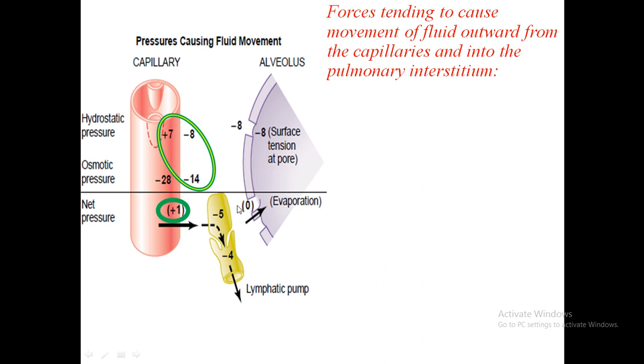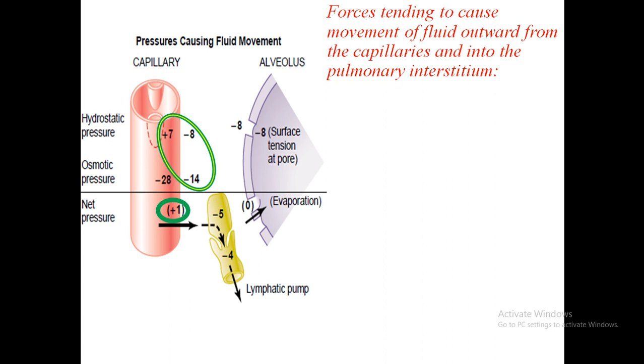So if we calculate the net force, what will it be? You can see from this diagram that certain forces have a positive sign and certain ones a negative sign. What is meant by that? The positive sign shows that the fluid tends to remain inside, and the negative sign shows that it tends to go outside.